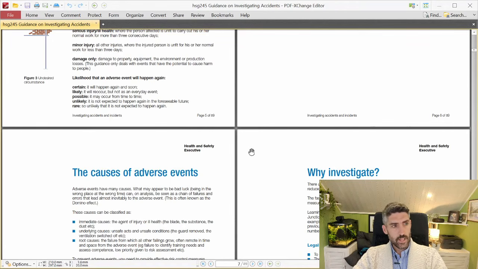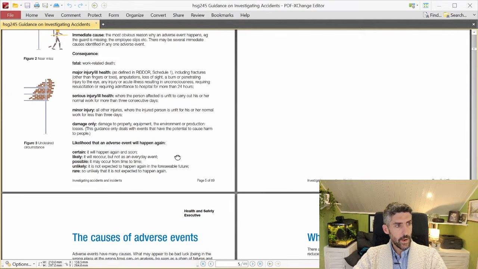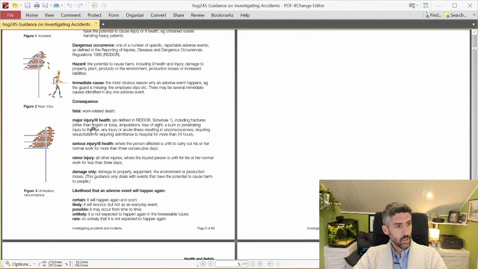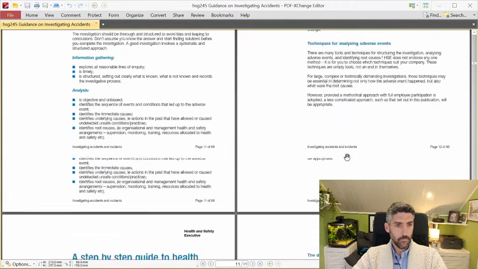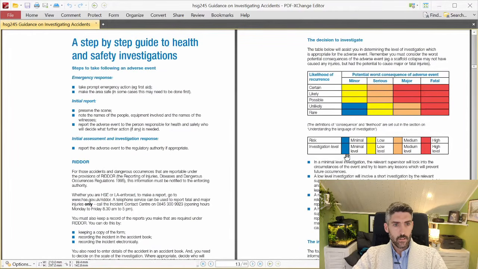Because once you've made your decision about the consequence and the likelihood, further on down in this document here, you're able to use those 2 factors to decide on what level of investigation it should be. So what did I say? Fatal for the potential worst consequence of the adverse event, and certain in terms of the likelihood of reoccurrence.